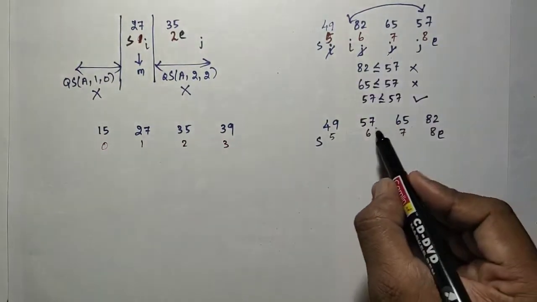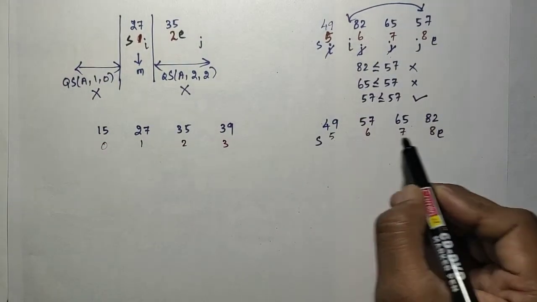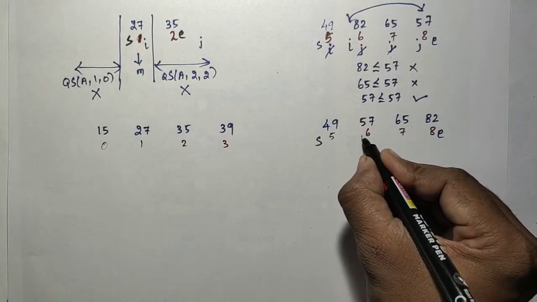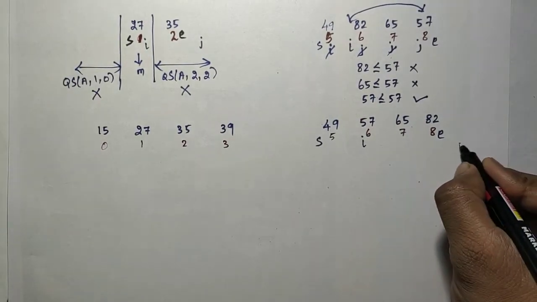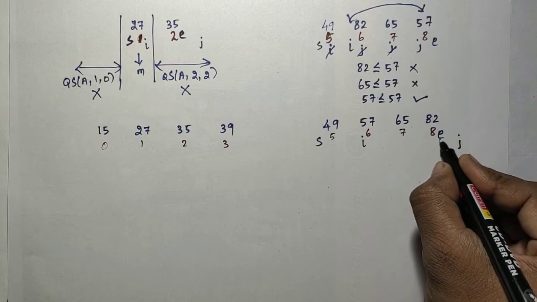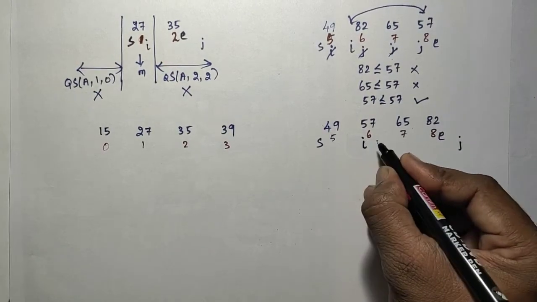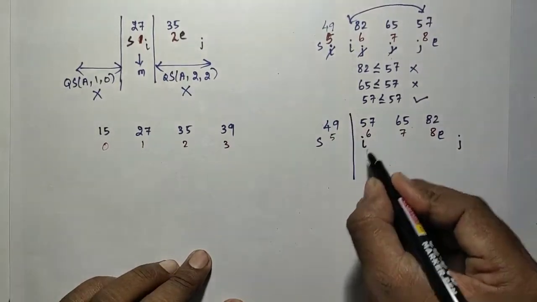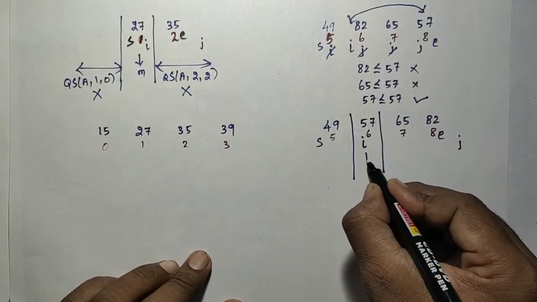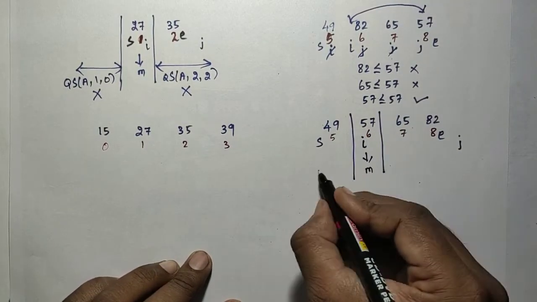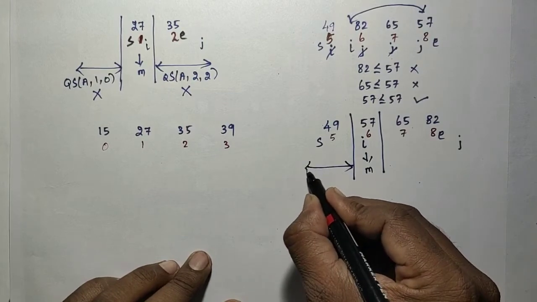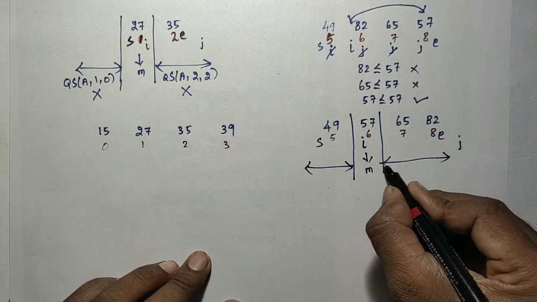After swapping 57 and 82, with S and E, I will be pointing to here, and j will be moved to the next position. So j crossed the end, it will stop the iteration. Now the split position is I, so it will be written as m. Here the quick sort has to be applied for this side and this side.